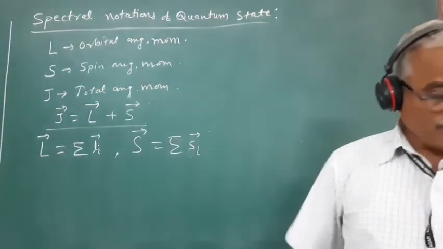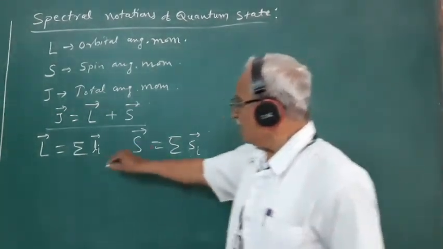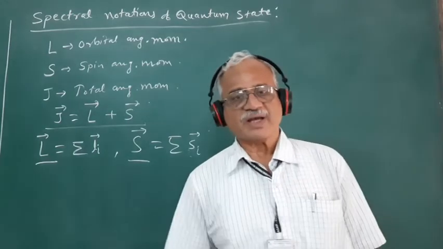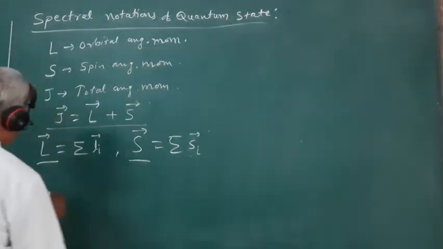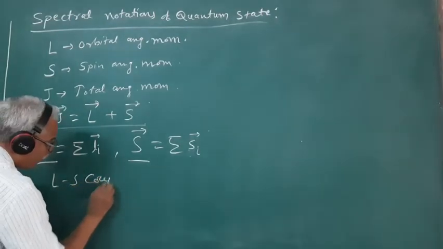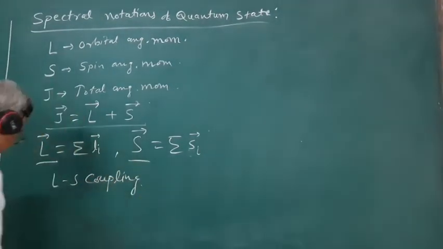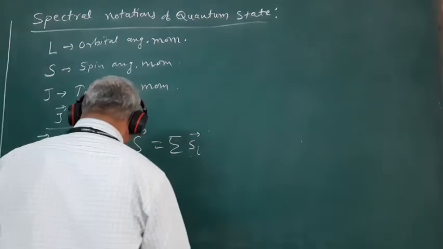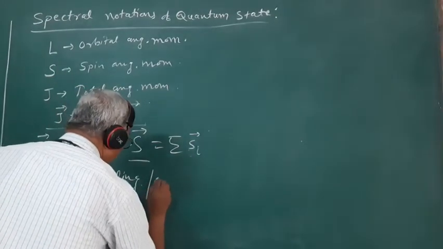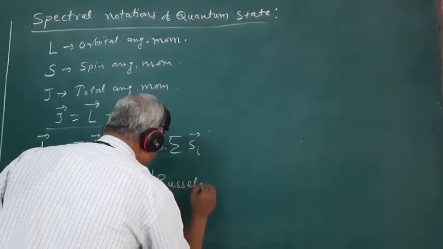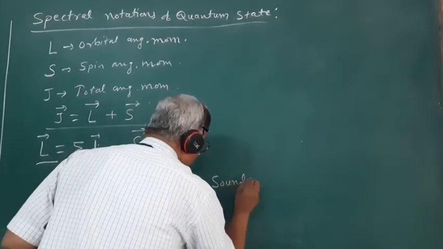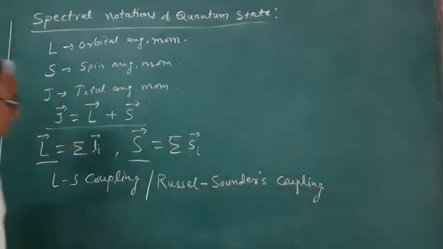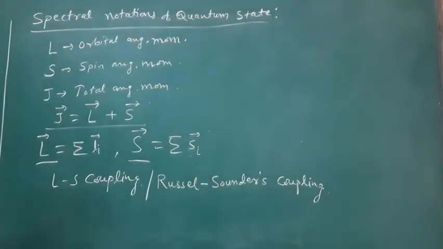And this type of coupling between the L bar vector and the S bar vector is called LS coupling, or it is sometimes also called Russell-Saunders coupling.